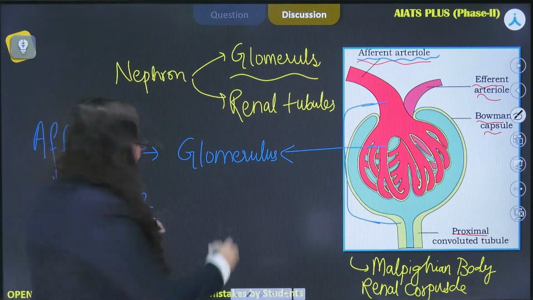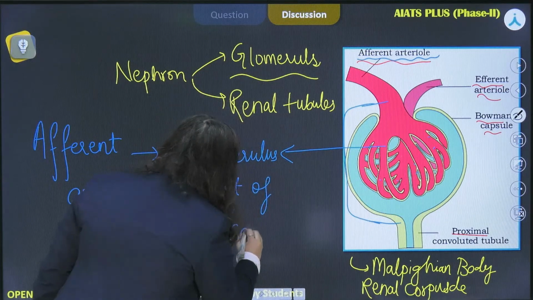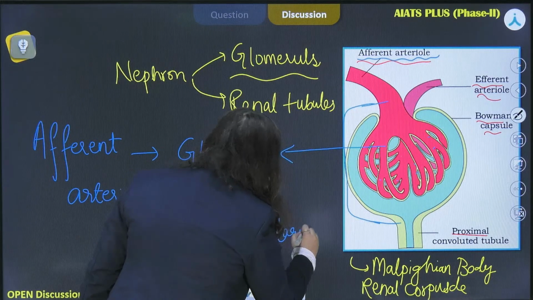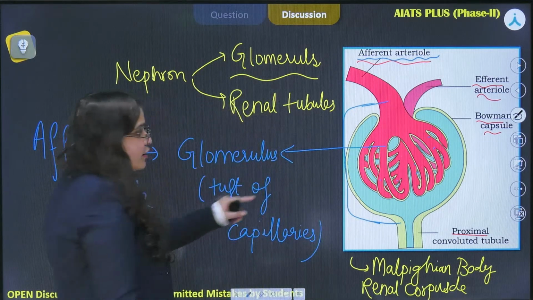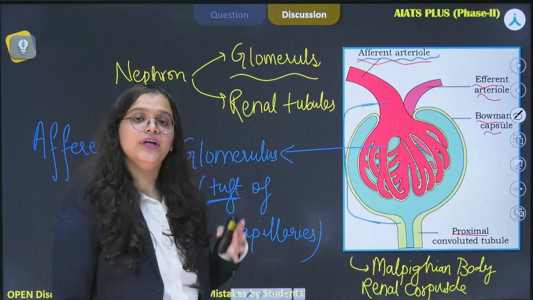We call it the tuft of capillaries. Tuft of capillaries. You can see कि देखने में कैसे गुच्छे जैसा लग रहा है. That is why we call it a tuft of capillaries.